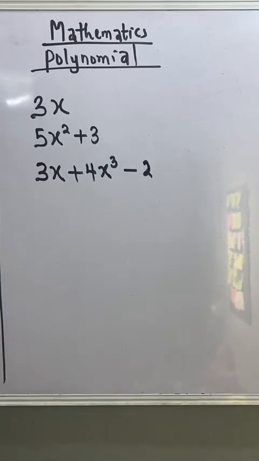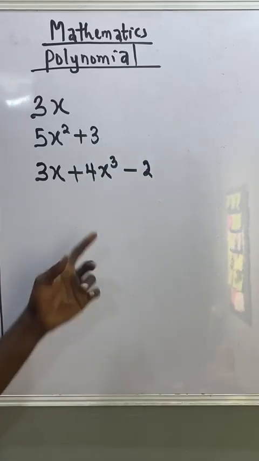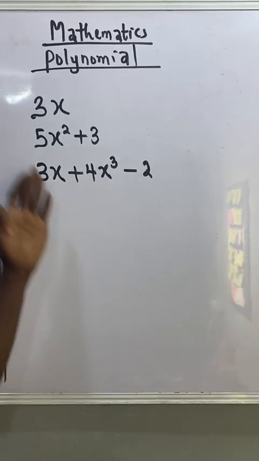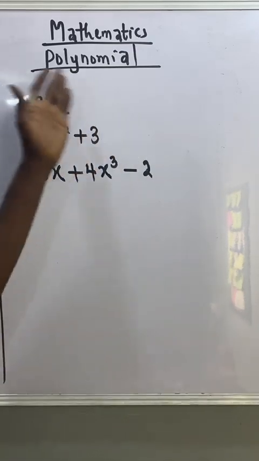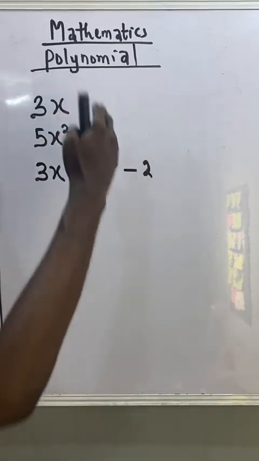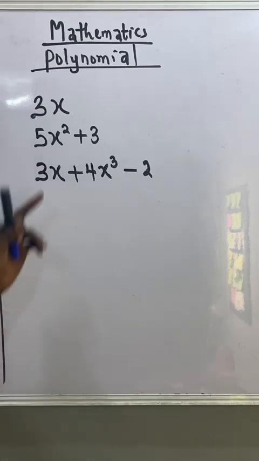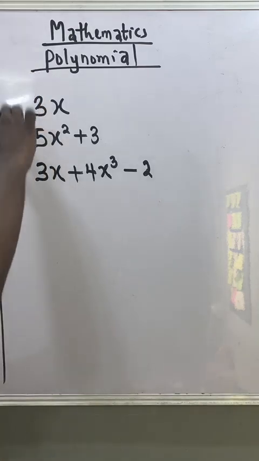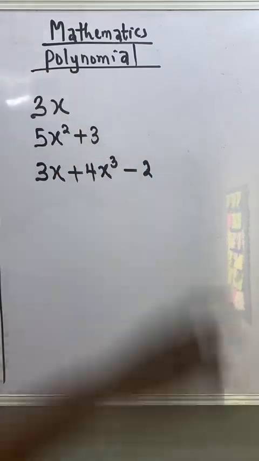This is still algebraic. Why? Because all the powers are positive powers. All of these that we have on the board are polynomials too, because they are algebraic expressions. So far, the power is not negative or a fraction, we can always call them polynomials.